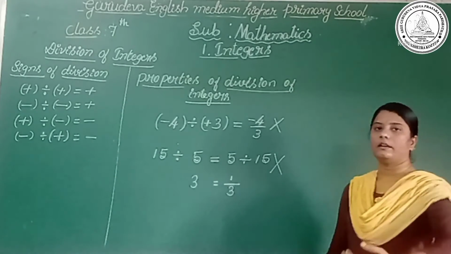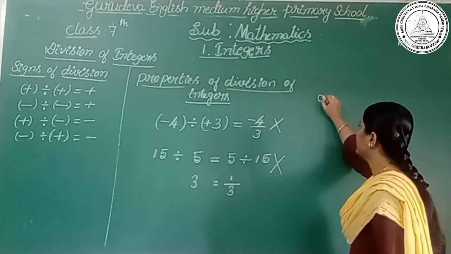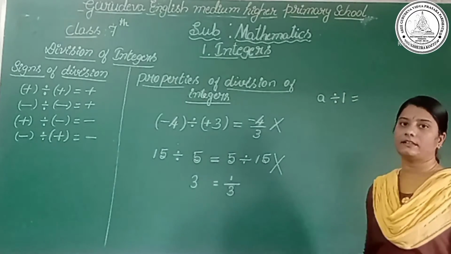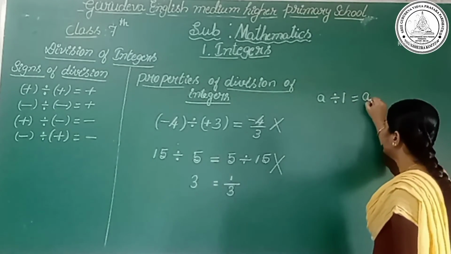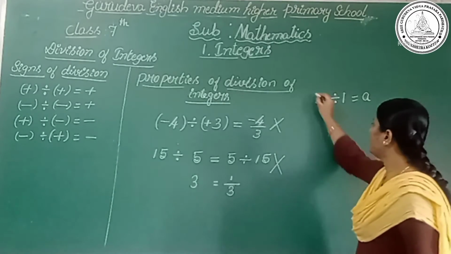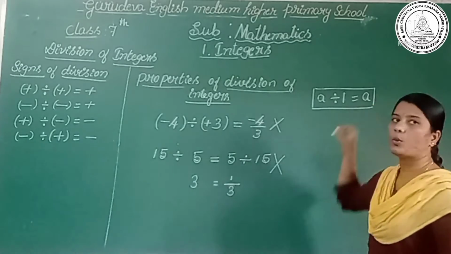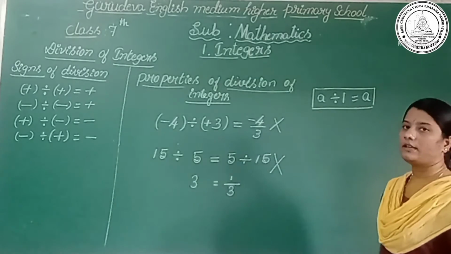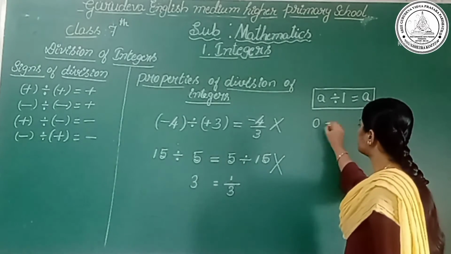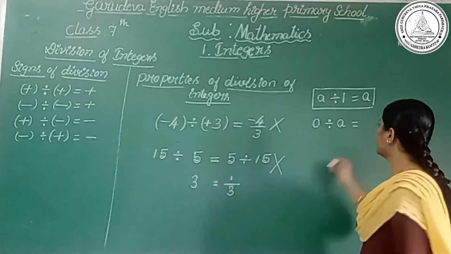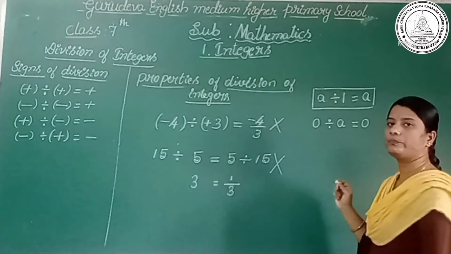Then, if an integer a is divided by 1, we will get the quotient as a. Next, if 0 is divided by any integer, we will get the quotient as 0.